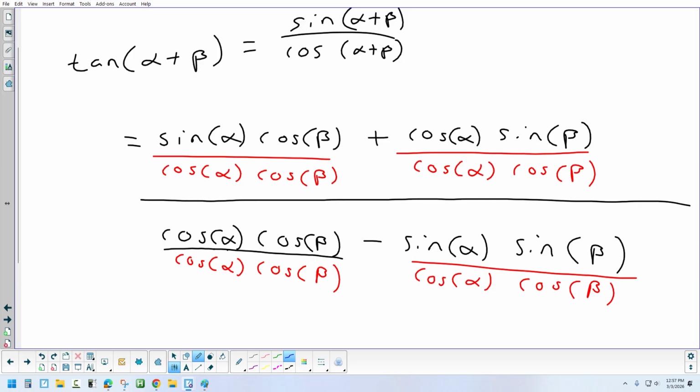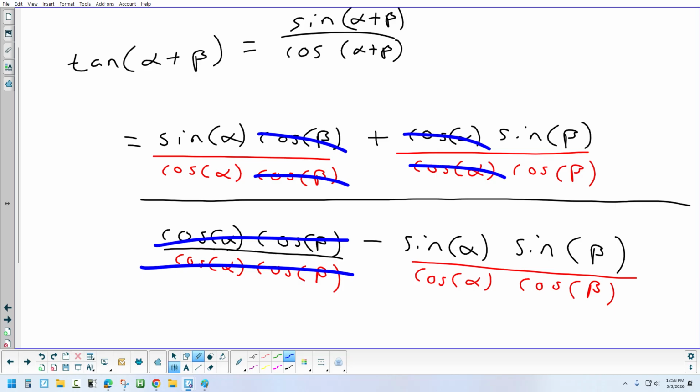Yeah, cosine beta. Good. We'll come back to sine over cosine right there in a minute. How about in the upper right? Cosine alpha. How about in the lower left? Everything. Yeah, the whole thing cancels. How about in the lower right? Nothing cancels there.